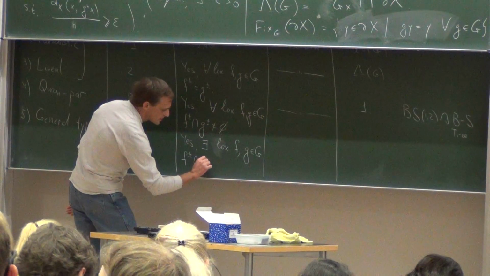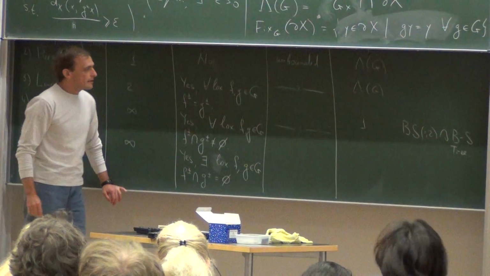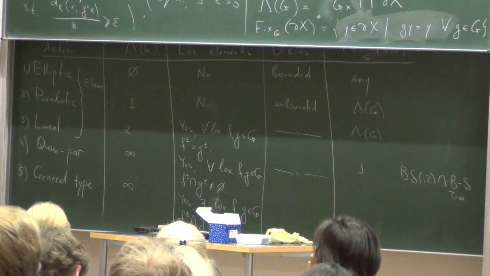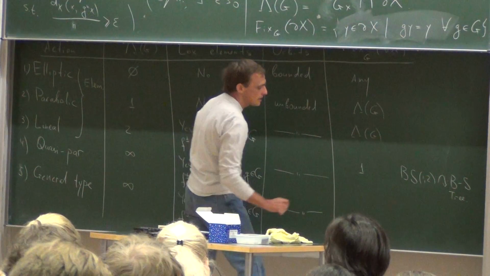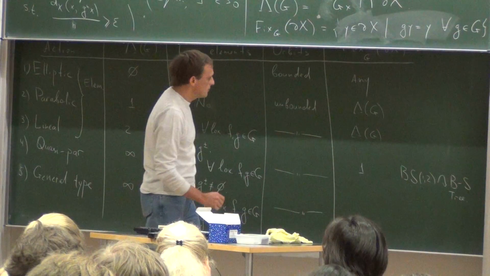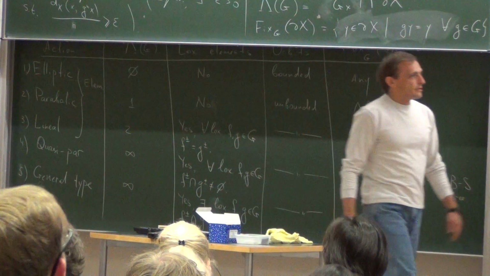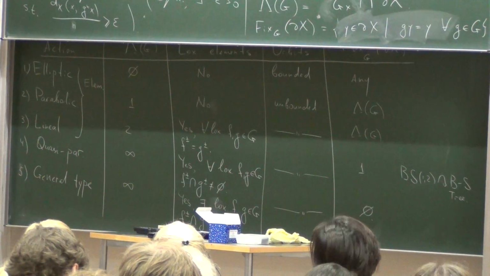So f plus minus intersects g plus minus trivially. In fact, in this case, there exist infinitely many independent loxodromic elements. So orbits are again unbounded, and the set of fixed points is empty in this case. So these are 5 actions.